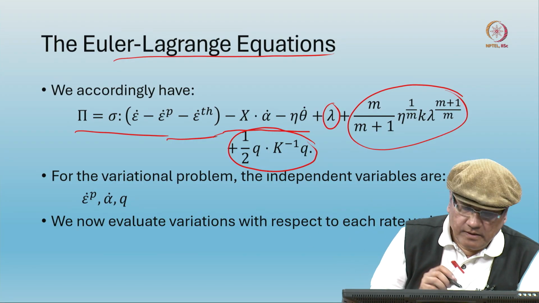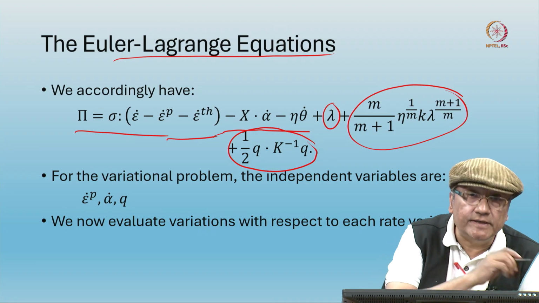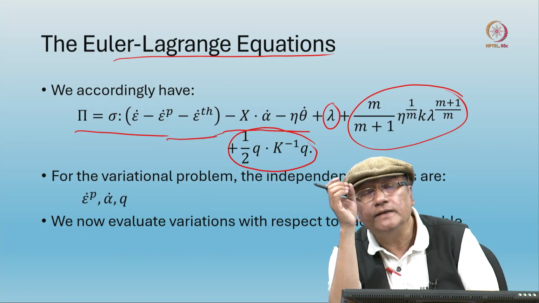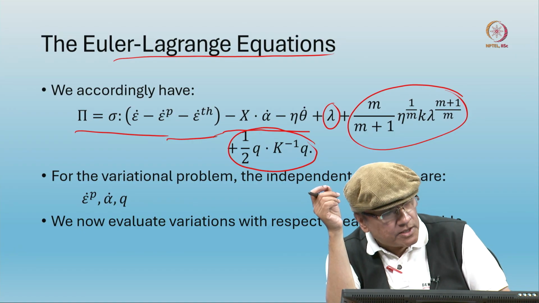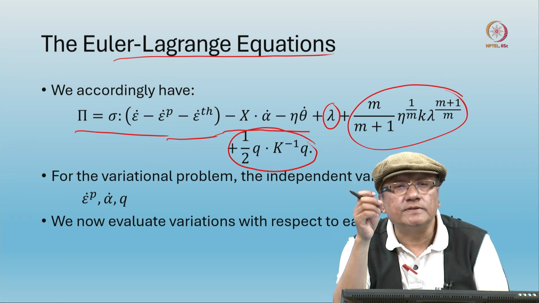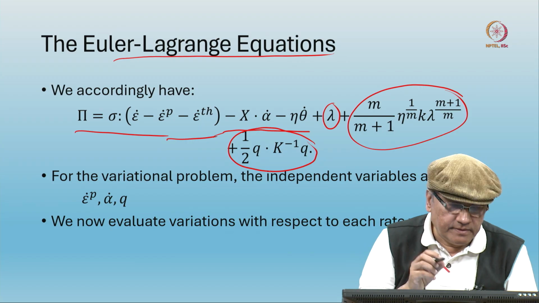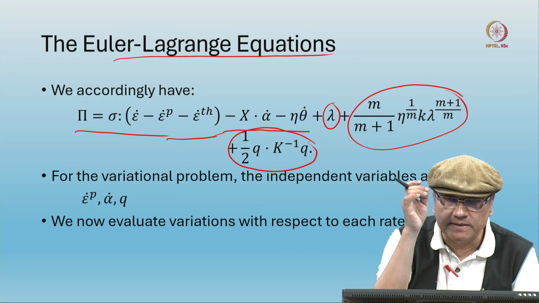For the variational problem, we have to take the variation of pi and set it to 0. That is the objective, and in the process we get the Euler-Lagrange equations. So we have to take the variations of pi with respect to which quantities? All the rates, except for theta dot. We have already got the relationship eta equal to minus del psi by del theta.